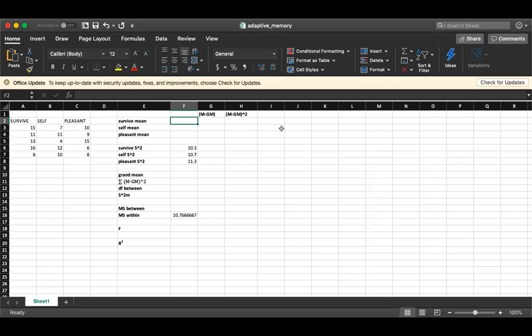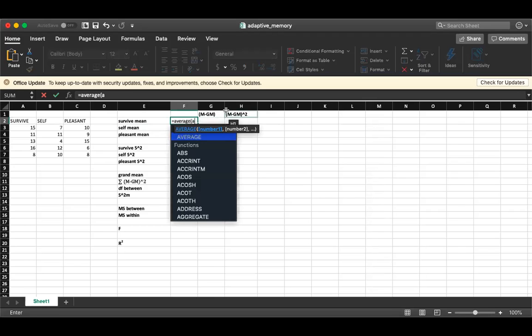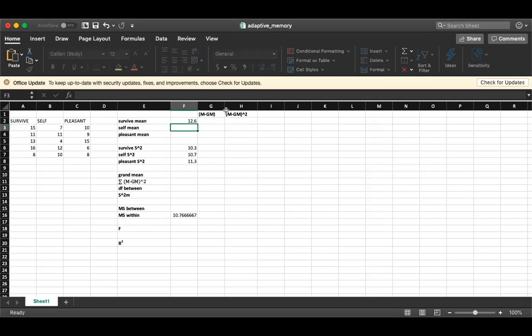Okay, so the first step is to calculate each sample mean, which should be as simple as averaging across these three columns. Average A3 through A7. And I think we could just pull that down.